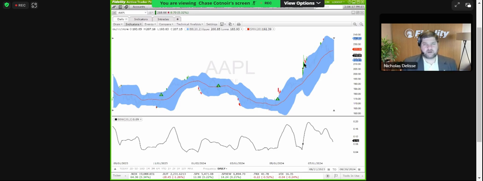There are a couple of ways traders might utilize Bollinger Bands as a trading system as well. You get asked these questions a lot: how can I use these as a trading system? One of the big things is that when price exceeds above the band, that's a show of strength.